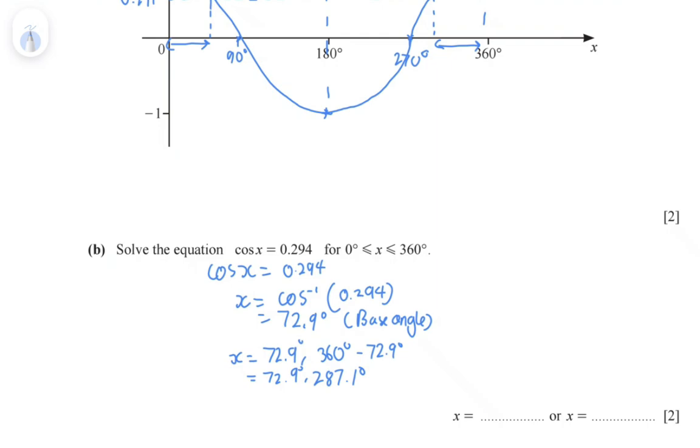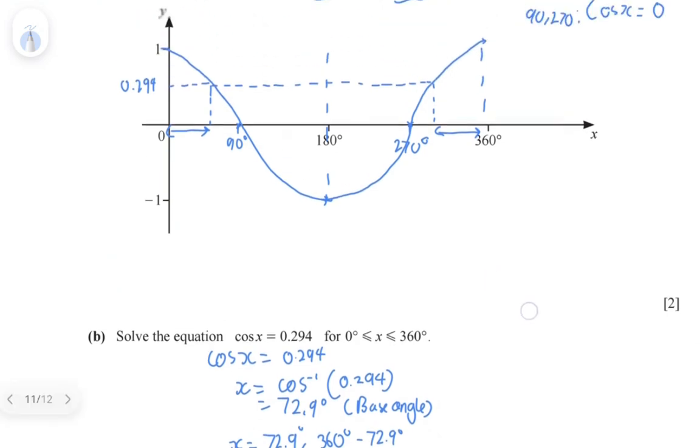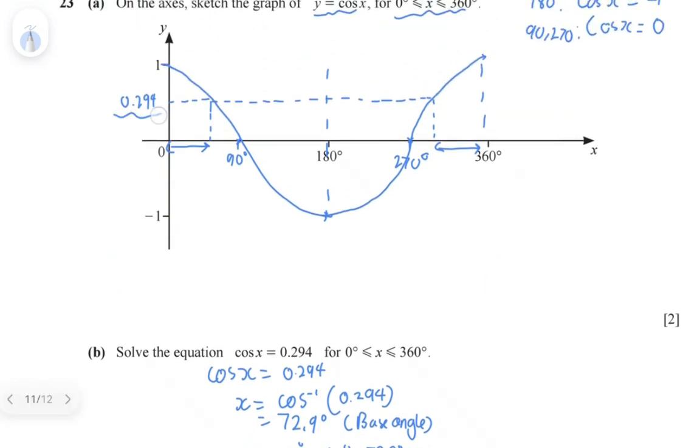So these are our values of x. If you type these values of x into your calculator, you'll get roughly the same answer, close to 0.294. So we can tell through symmetry what the values of x are that give you the same value of y.